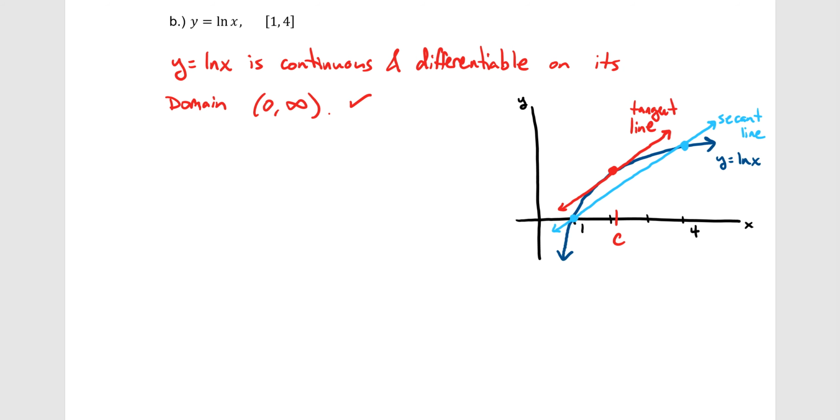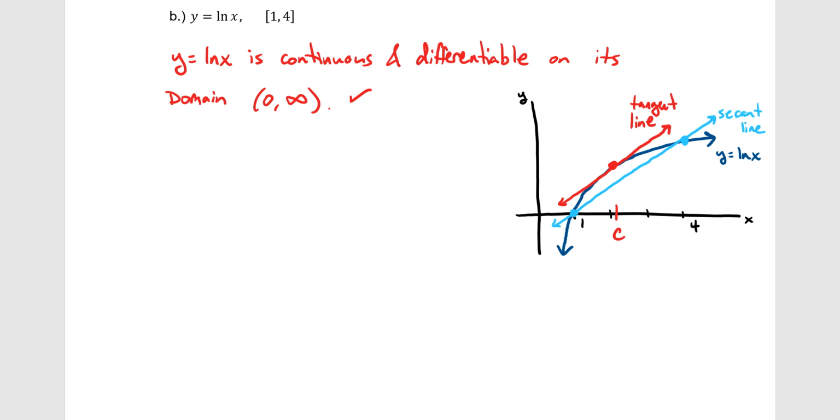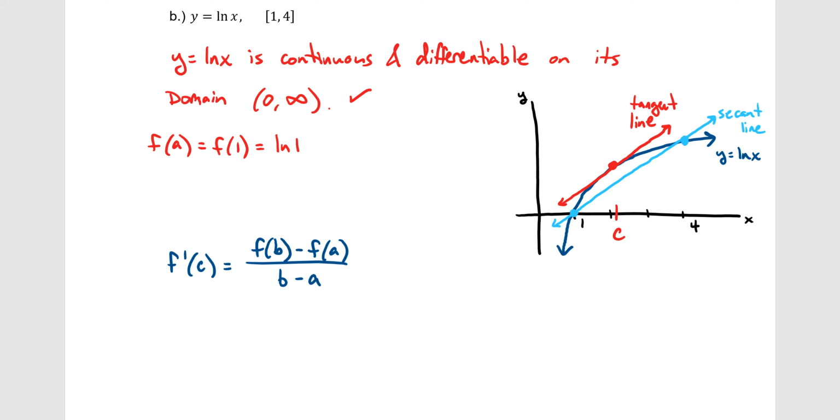Okay, so let's go ahead and see what we're going to need to do. We're going to need to figure out f prime of C equals f of B minus f of A over B minus A. So we're looking for that C value. Let's go ahead and evaluate f of A, which is going to be f of 1, which is ln of 1, which is 0.